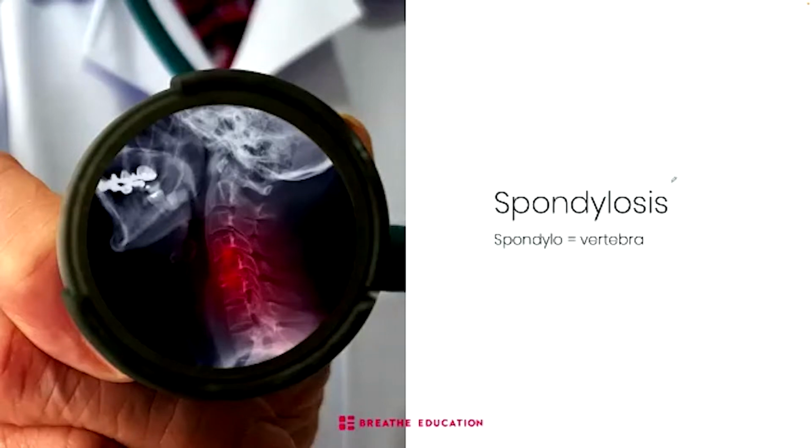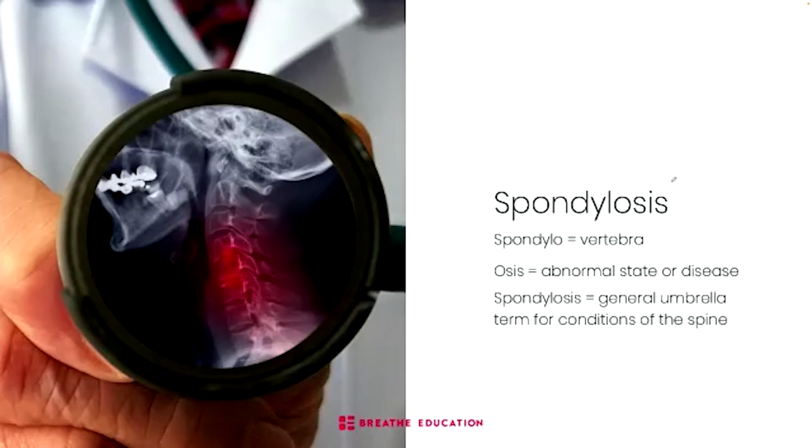Okay, and spondylosis is an osis of your spinal bone. So what's osis? Well, osis means an abnormal state or disease. Okay, so spondylosis is not a diagnosis. It is an umbrella term that literally means there's something wrong with your spine.